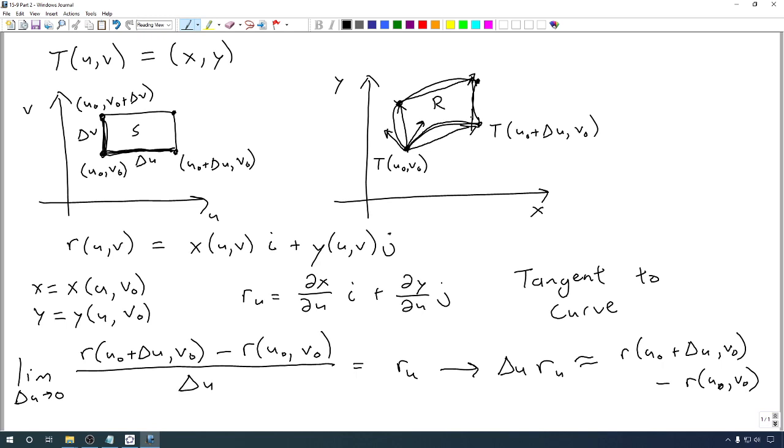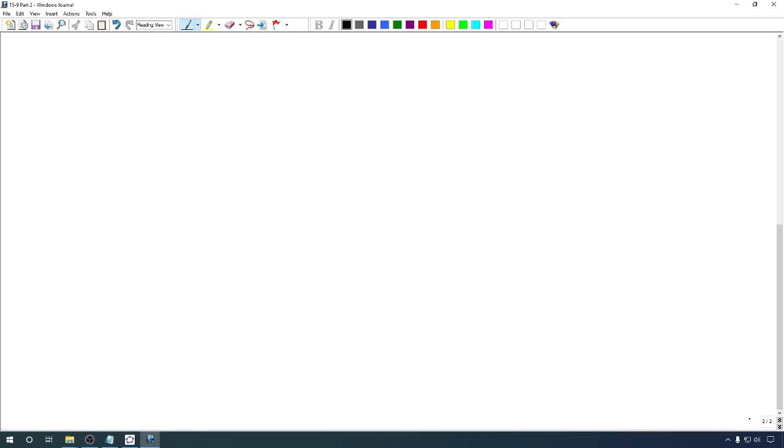But because that parallelogram involves these different points, we're going to approximate that area of the parallelogram using the derivatives of the function and only looking at the tangent vectors at the point u naught v naught, or t of u naught v naught. Well, okay, let me input that.